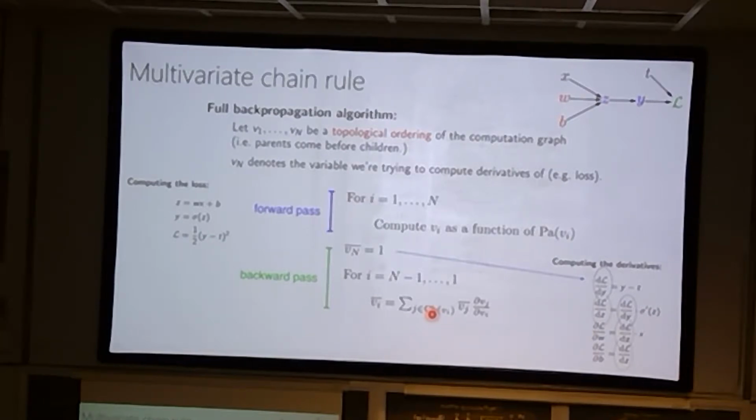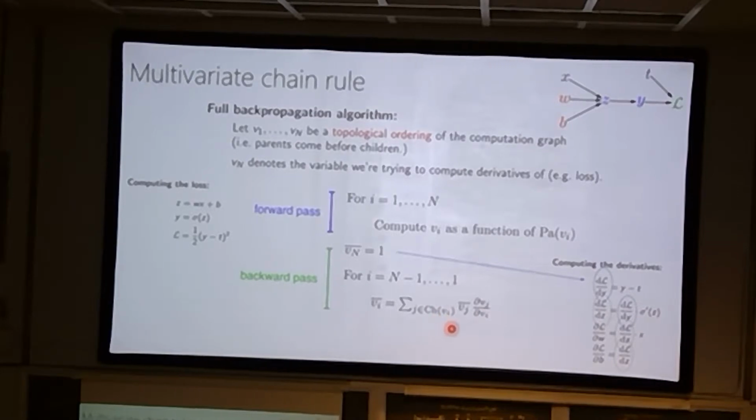And sorry, CH here is the children. I should add that to the slide. These are the parents, and these are the children. So in the forward pass, you need to know your parents, and in the backward pass, you need to know your children.